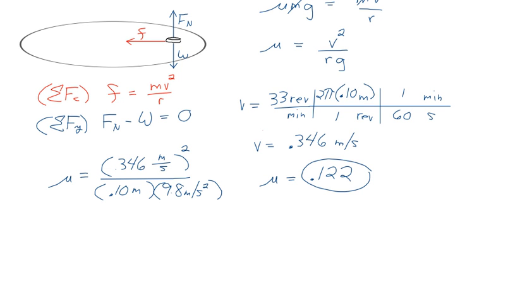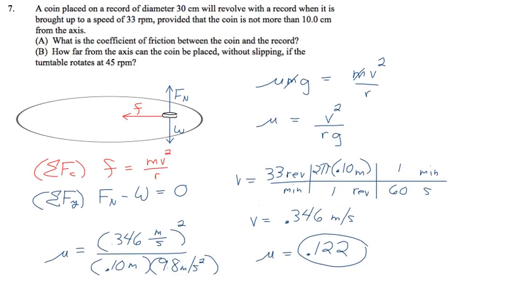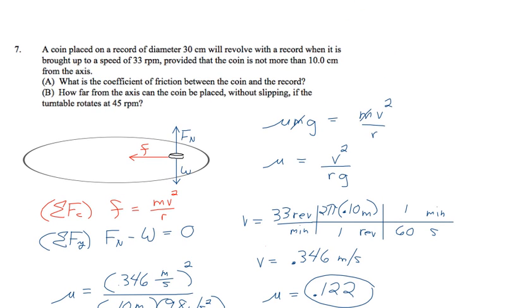So for part B, our equation isn't going to change. We still have the same picture. But if you look here, it says how far from the axis can the coin be placed? So the unknown in part B is the r.